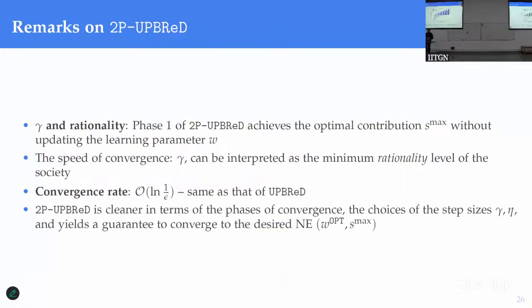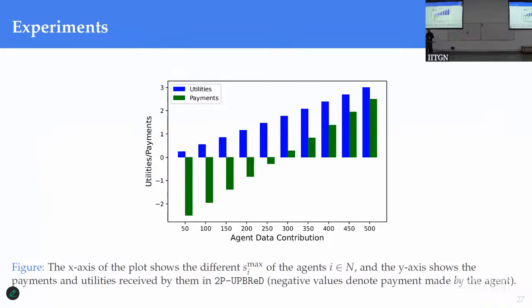Let me show you one example, a simulation result. On the x-axis you can see how much data each of these individuals contribute, and this is using a real data set. As agents contribute more and more data, you see the green curve, which is the payment. They get paid because they are data contributors.